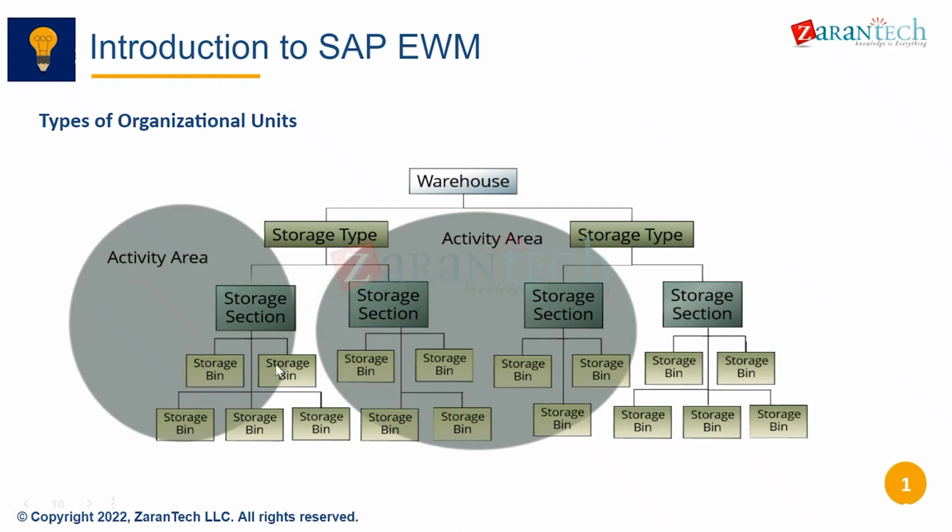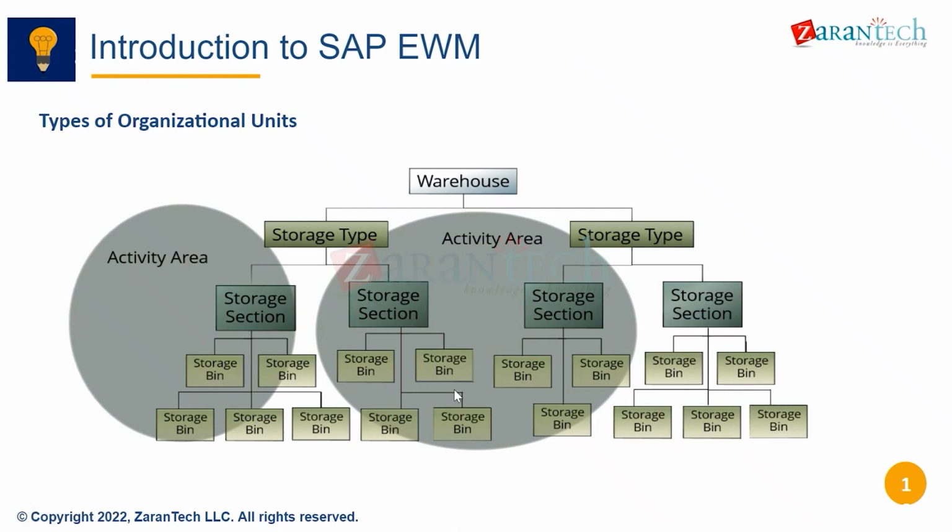Without a storage section you can directly have storage bins created and associated to the storage types, where you will put the stock inside the storage type. So storage bins are mandatory. Then the next entity is the activity area.